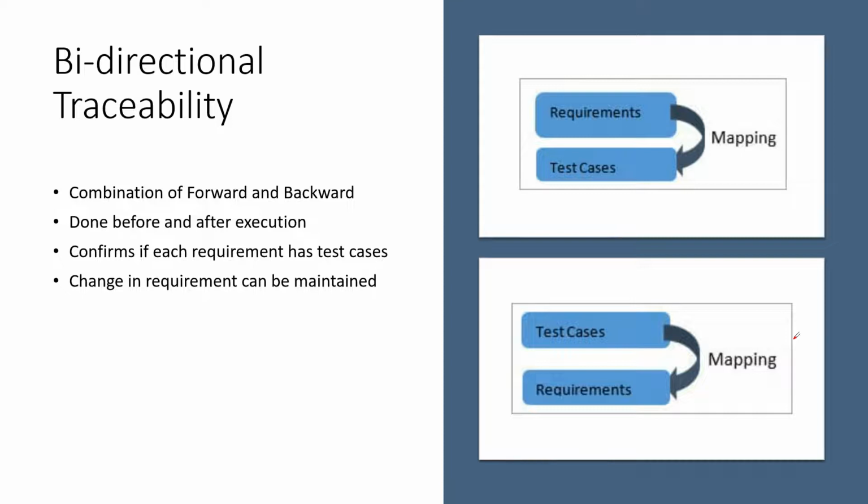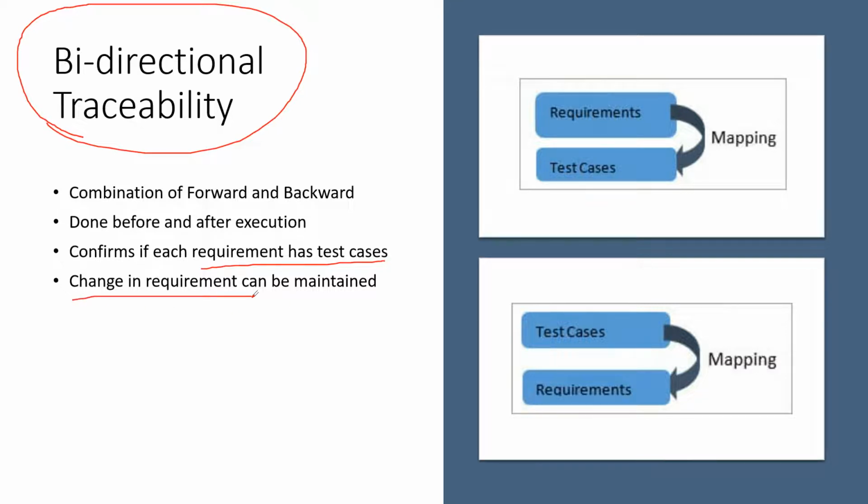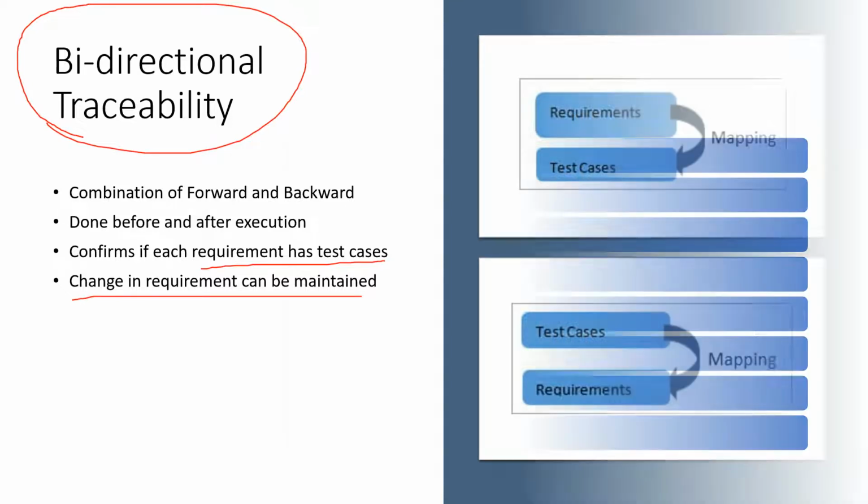We do everything together, so that is bidirectional traceability: a combination of forward and backward, done before and after execution. It confirms each requirement has a test case, and if there's a change in a requirement, it can be maintained here. Understood what it is?